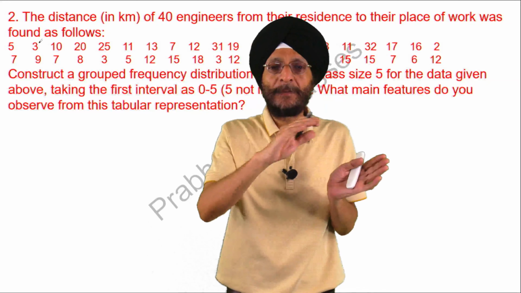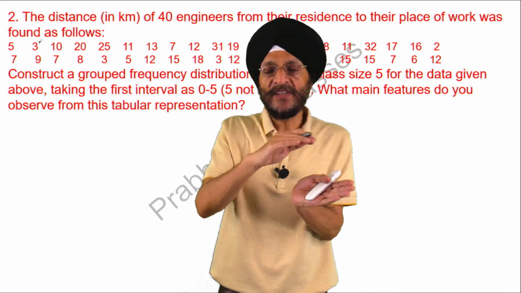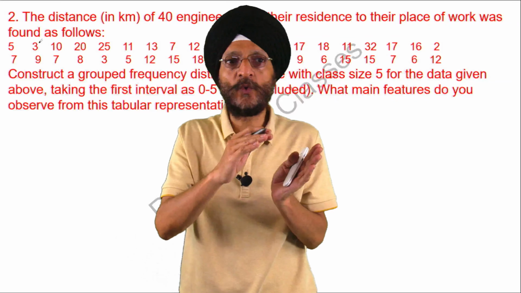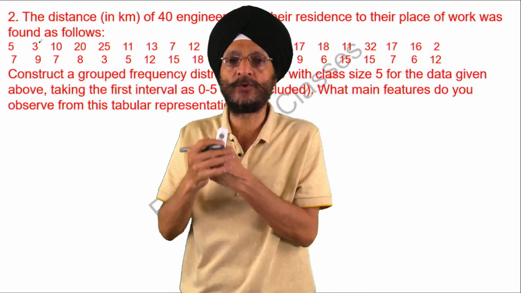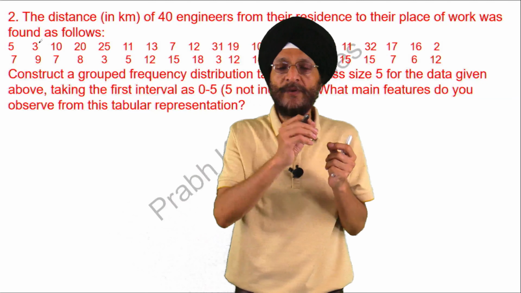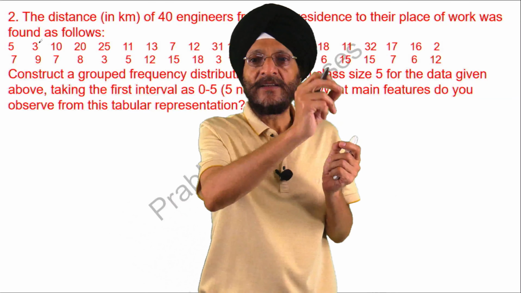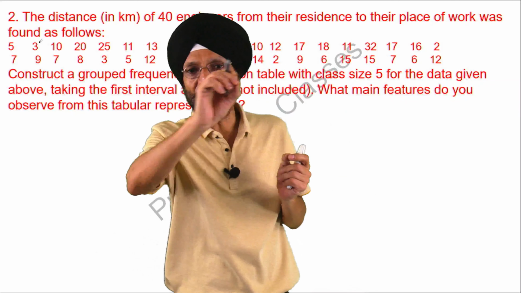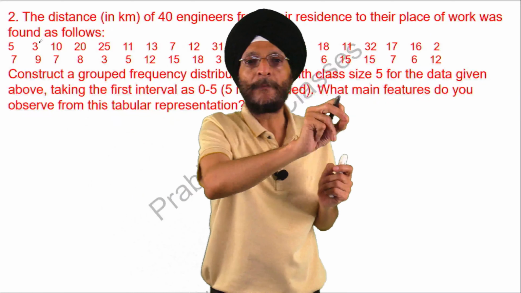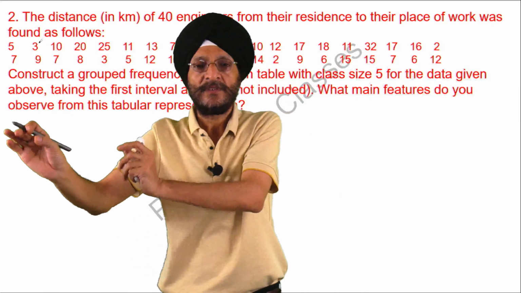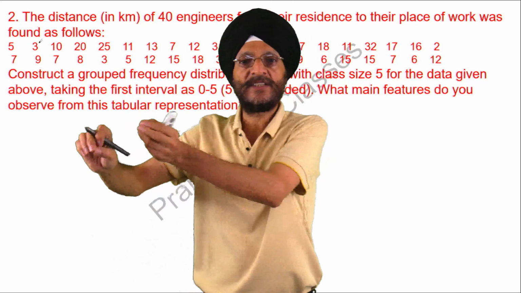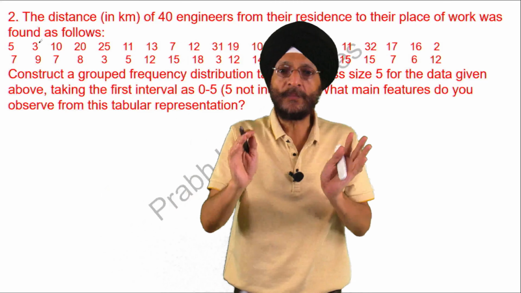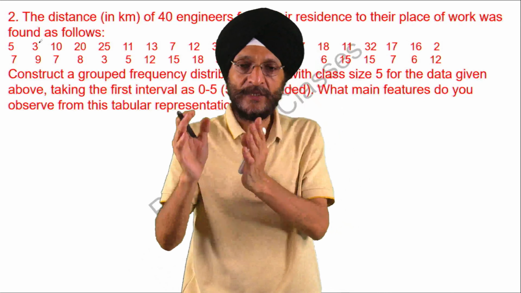And now, on the basis of this distance, we are to construct a grouped frequency distribution table. That is, we will not write that A is covering the distance of 5 kilometers, B is covering the distance of 6, C is covering the distance of 10. No, we will form the grouped frequency distribution table.